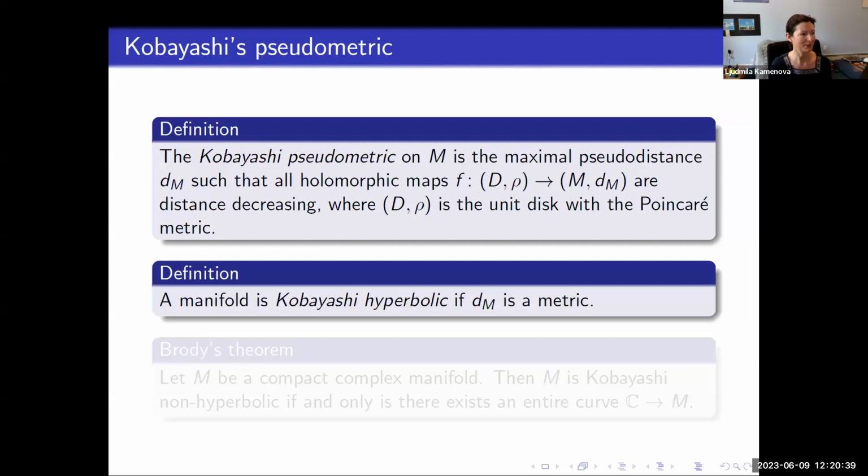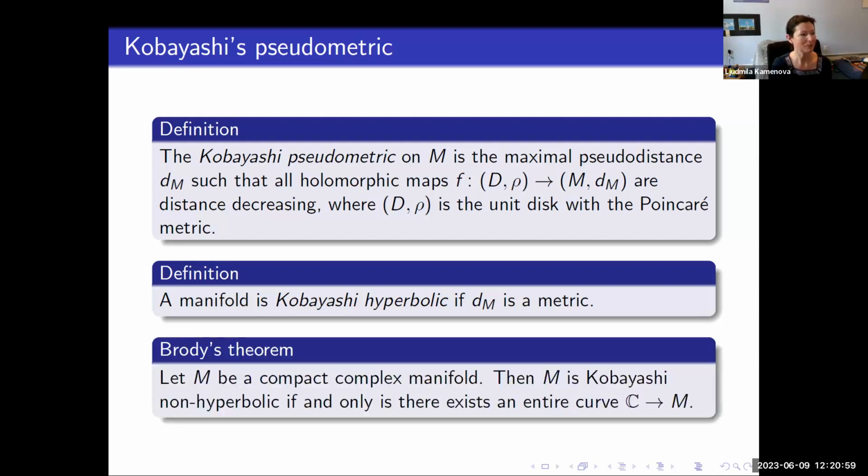And a manifold is called Kobayashi hyperbolic if this pseudo distance is an actual metric. So if for any two different points, the distance between them is strictly positive. And Brody proves that if you have a compact complex manifold, then M is Kobayashi non-hyperbolic if and only if there exists an entire curve on it.